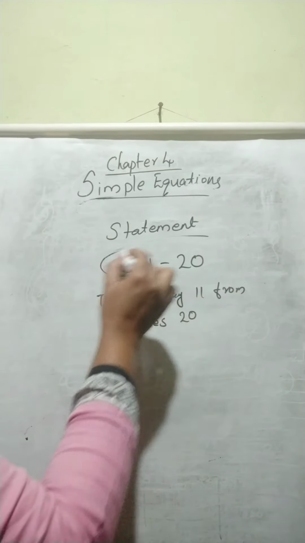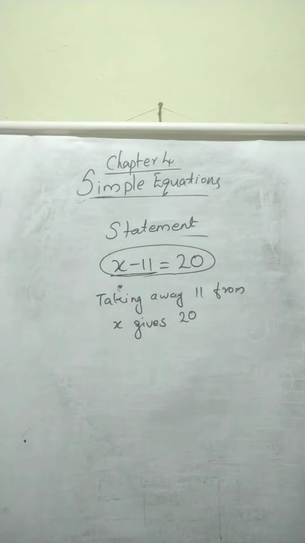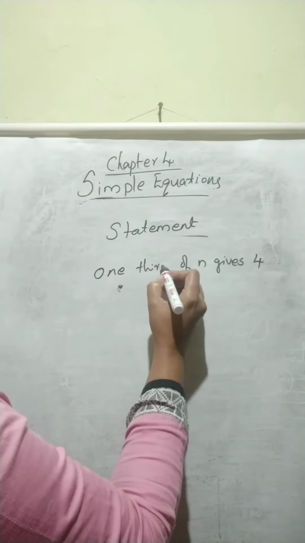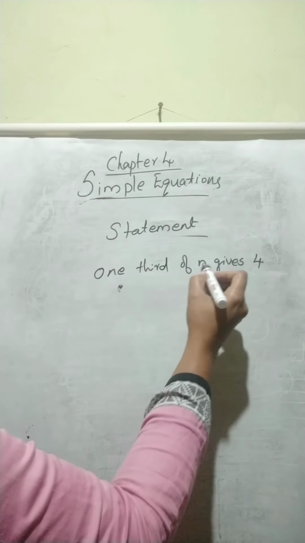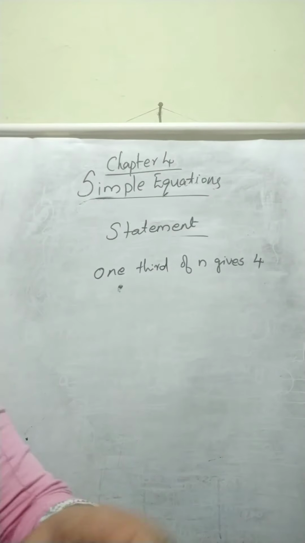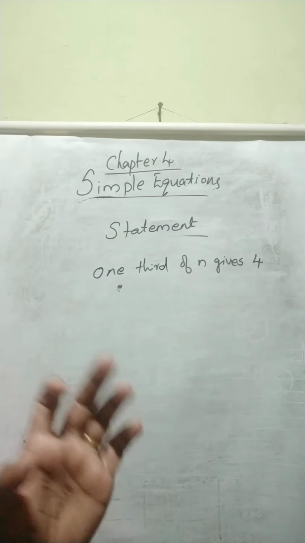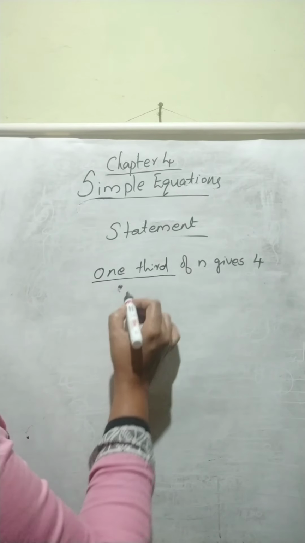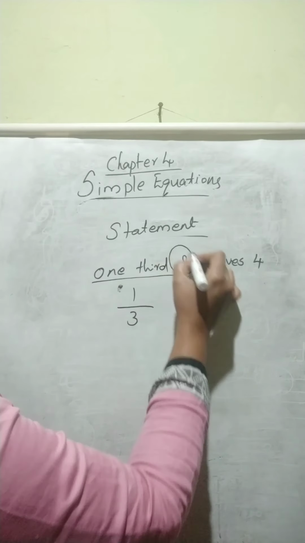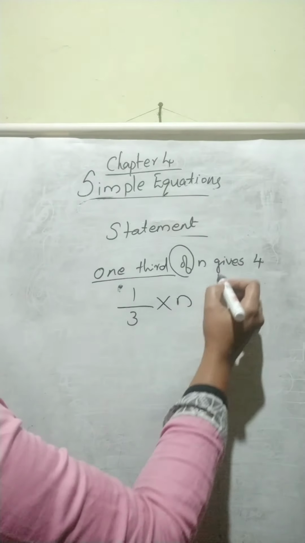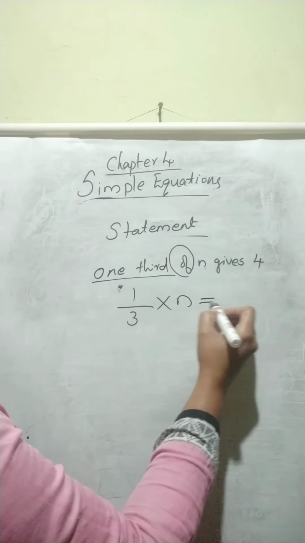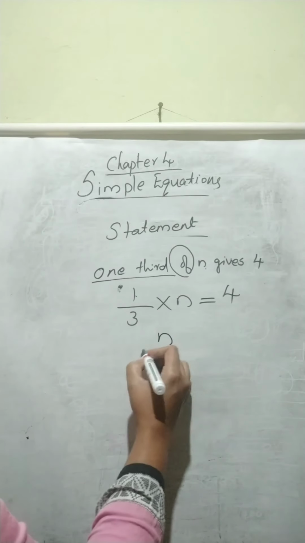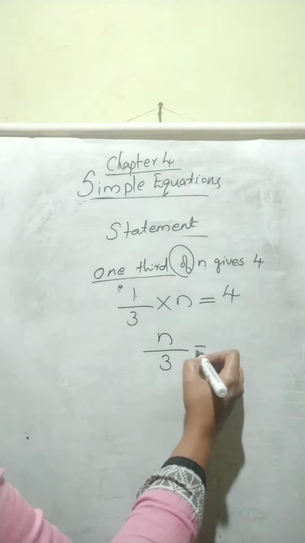Here is one statement: 1/3 of n gives 4. Here 1/3 of n, this one gives 4. Then 1 times n by 3 is equal to 4.